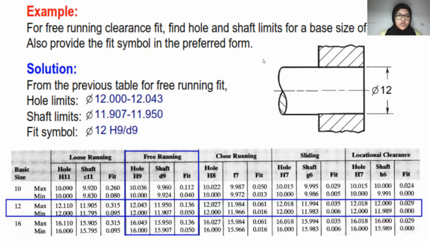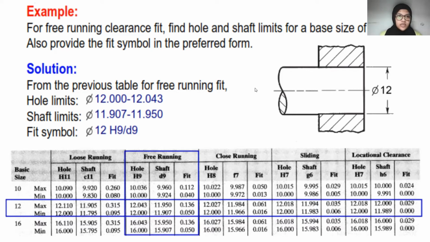In this example, we need to identify the hole limit, shaft limit, and fit limit. From the table, we search for free running, and then choose the column where the base size is 12 mm.